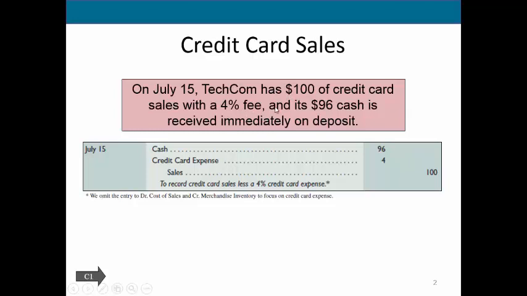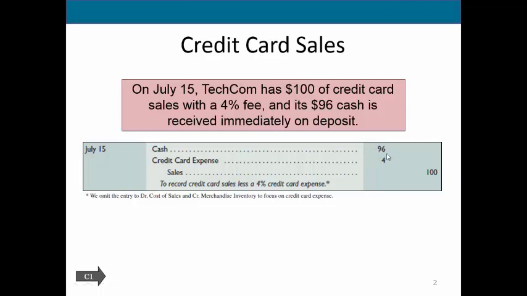So what's happening here is they have made a sale of $100, but they're only going to get a portion of that in their own bank account because this 4% is not going to come to them. This is going to be a type of credit card expense. So this is a new type of expense. 4% multiplied by $100. We had a $4 credit card expense. And you can see here we have the cash of $96.